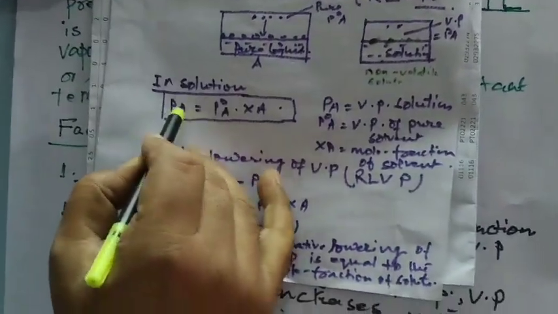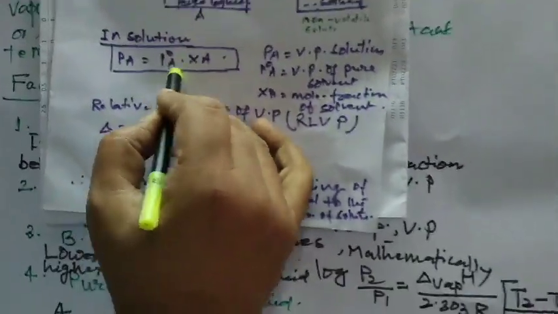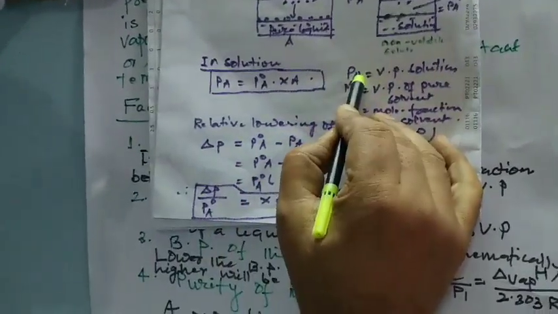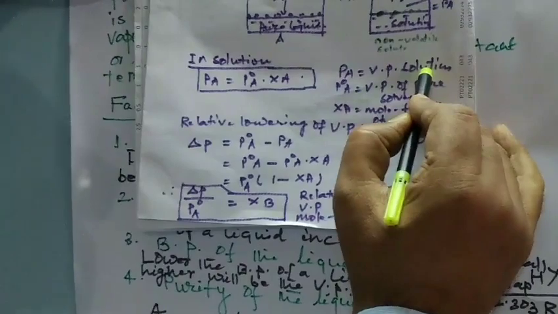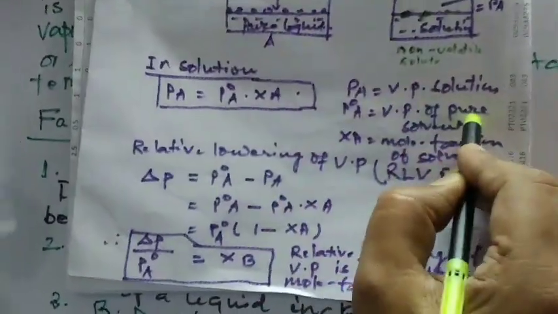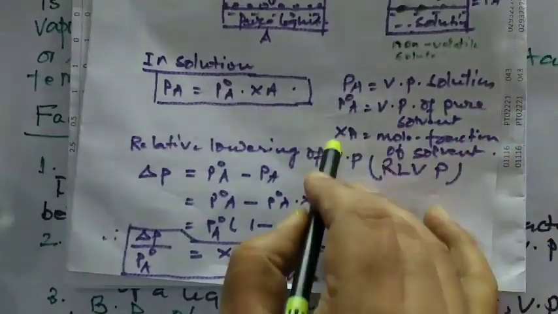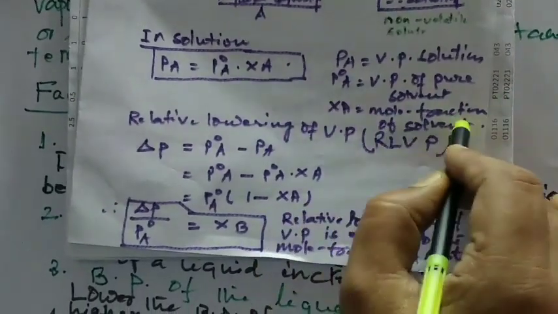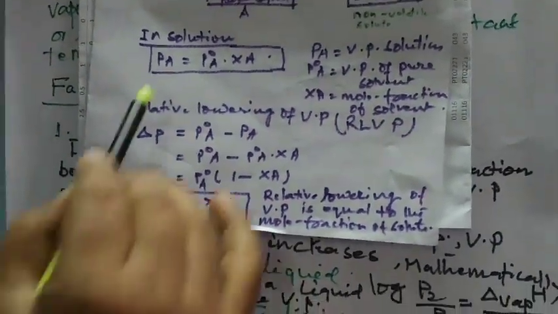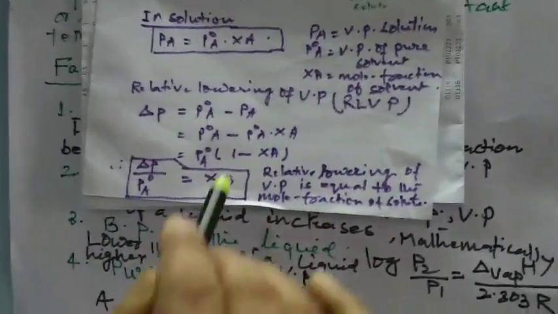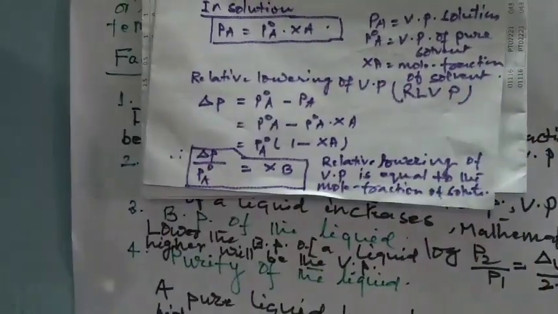So again here PA equals to P naught A into XA, where PA is the vapor pressure of the solution, P naught A is the vapor pressure of the pure liquid, and XA is the mole fraction of the solvent. From here we can derive the relative lowering in vapor pressure.